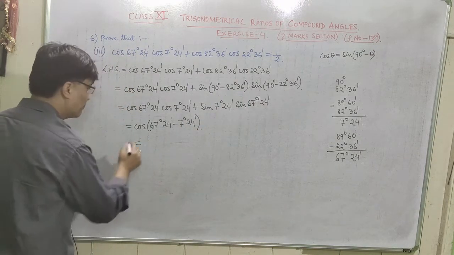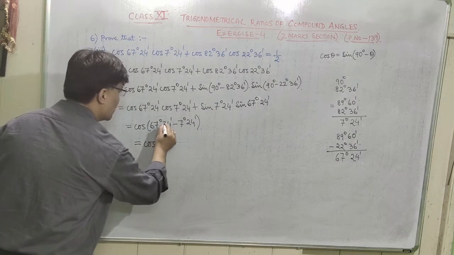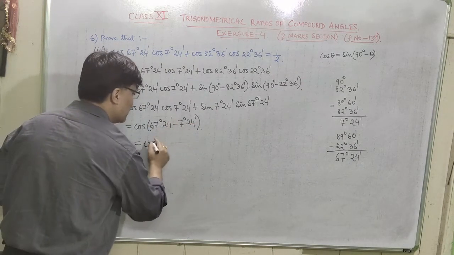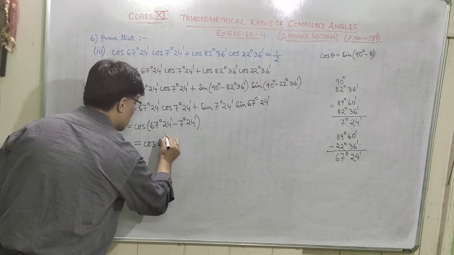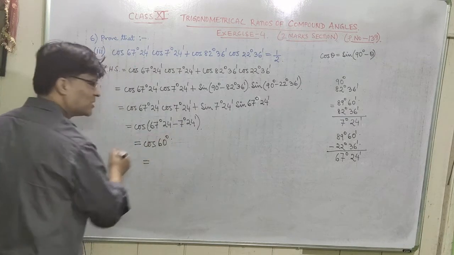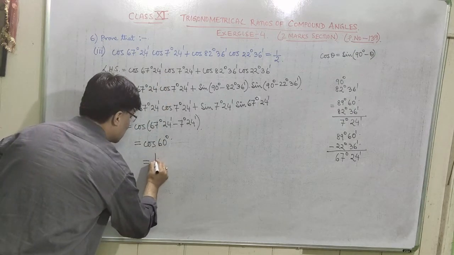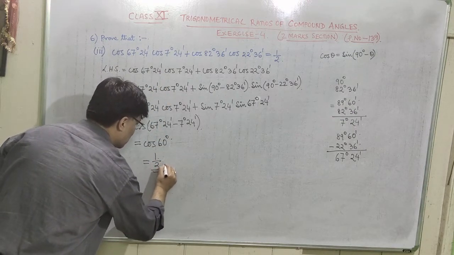Now 24 minutes minus 24 minutes is 0 minutes, you don't have to write it. 67 degree minus 7 degree is cos 60 degree. Now this is the standard angle, 60 degree. What is the value of cos 60 degree? It is half. So it is proved.